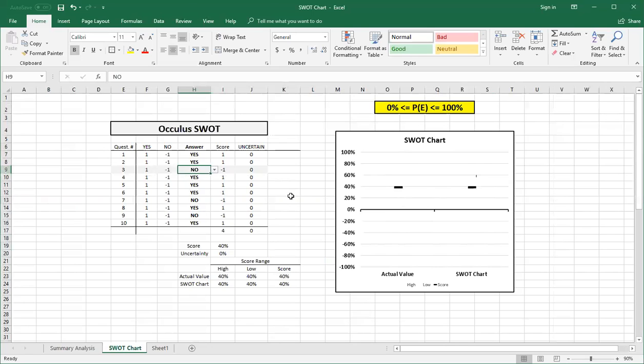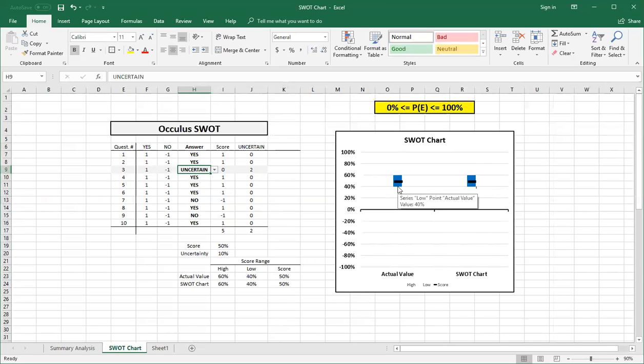But what happens if I don't know the answer to that question? I can't answer the question yes or no. Just like in Oculus, there are some questions you can't answer yes or no because you don't know. So I've put in a third option, just like in Oculus, that gives me an uncertain. I don't know the answer, so I answer uncertain. And you'll notice what happened over here.